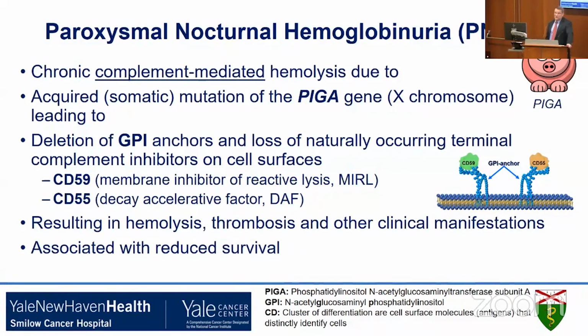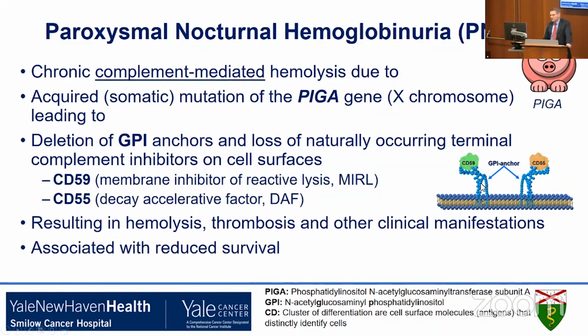Specifically, if you think about red blood cells, these proteins, CD59 and CD55, you can see here, this is the cell membrane, these are the anchors, and this is anchor-attached protein 59 and 55. So these two actually help to protect red blood cell from being damaged or hemolyzed by complement system, which is constantly active and protects us against infection.